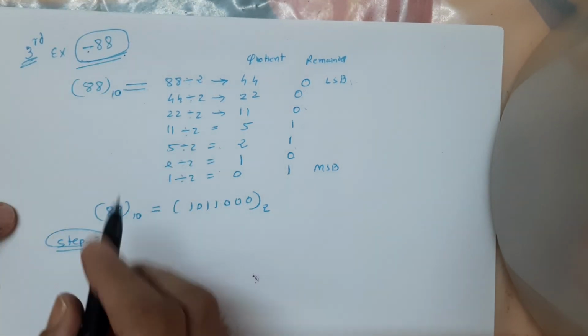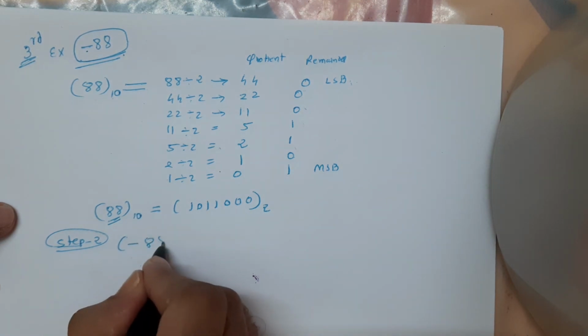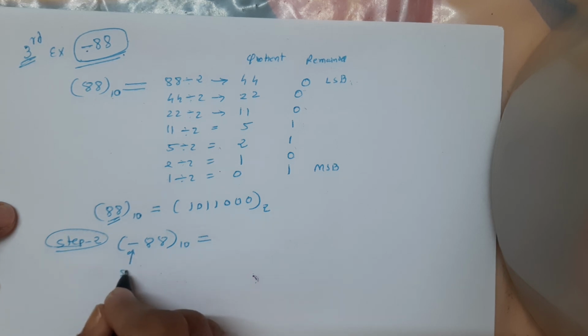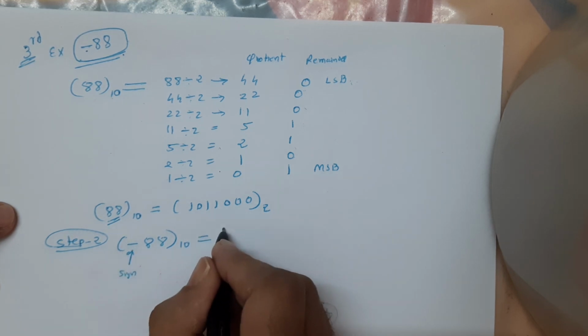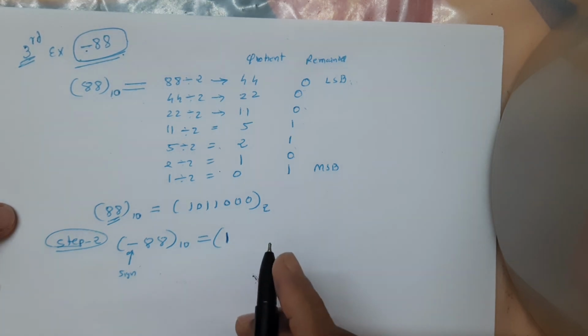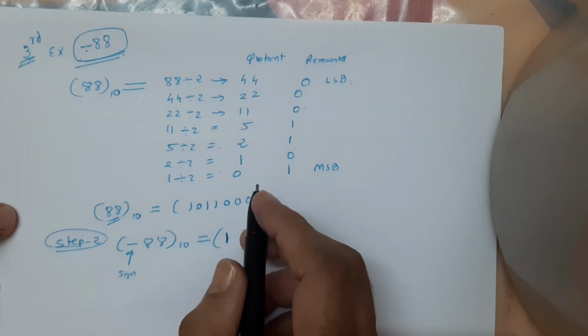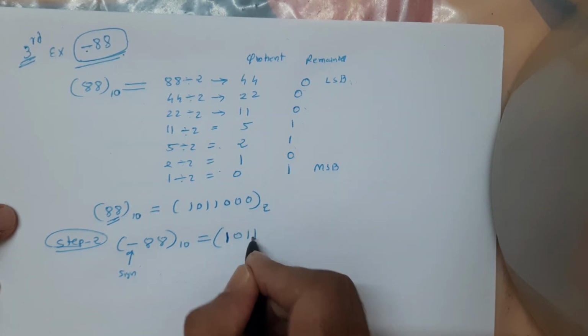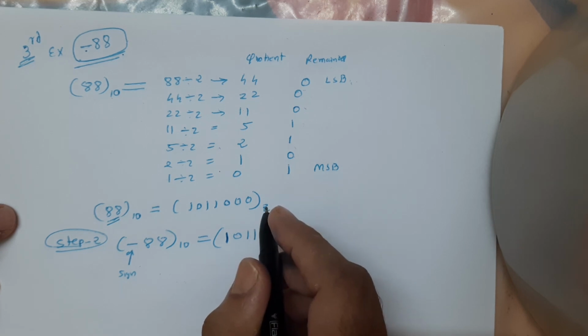The number is negative, so minus 88 decimal, the sign is minus, that means one more digit is added. Minus sign means 1 is added, that is 1011000.